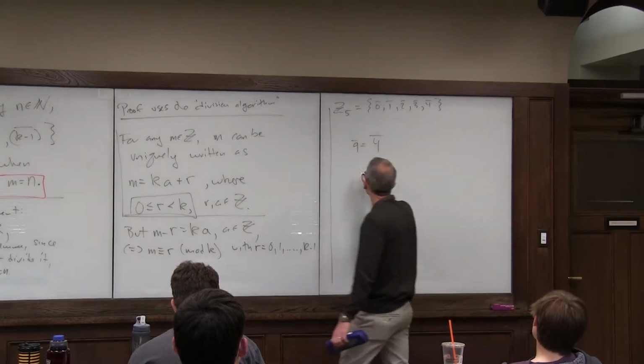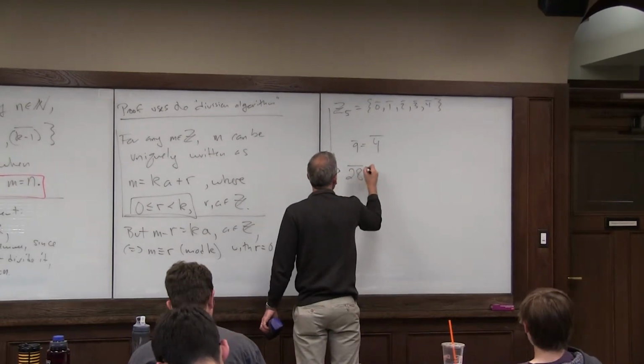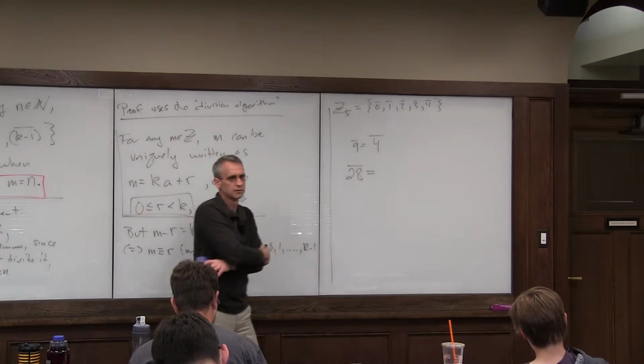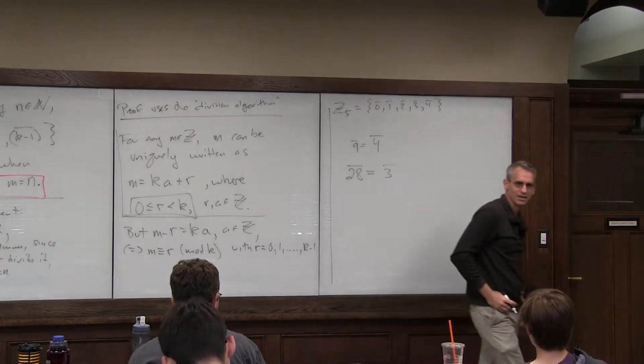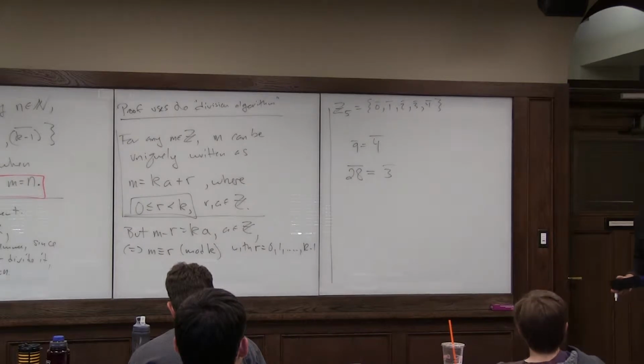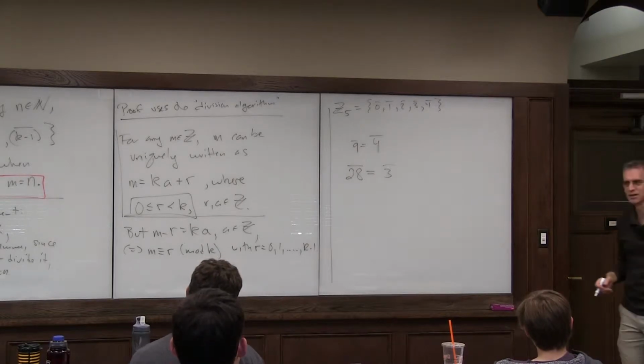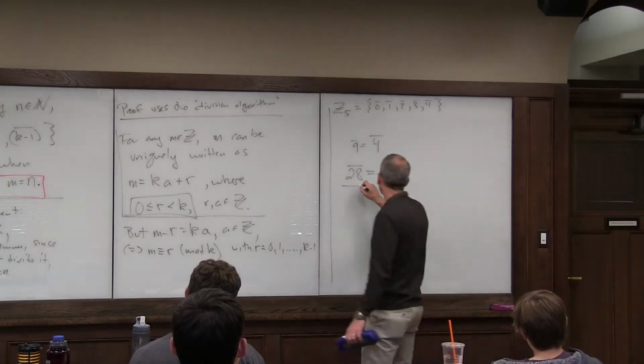So what about 28 bar? 3 bar. 5 is an easy one because everybody can figure out the multiple of 5 less than it. It gets more complicated if you're looking at, like, Z mod 37. Everybody get the idea?